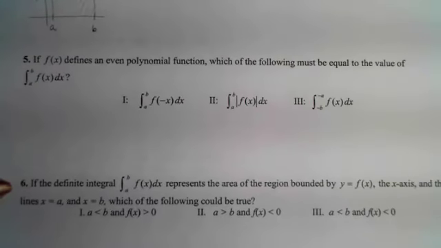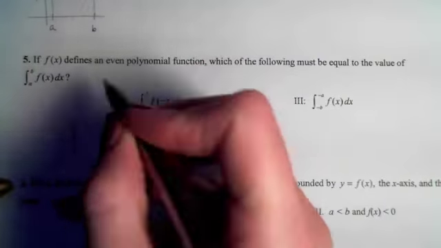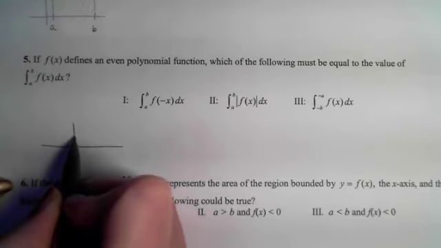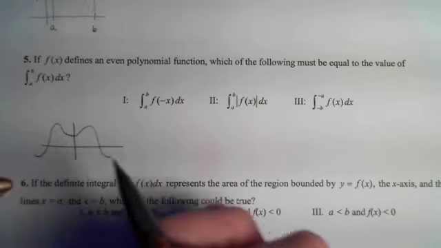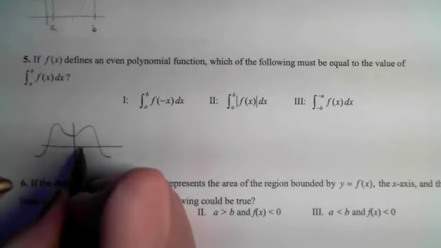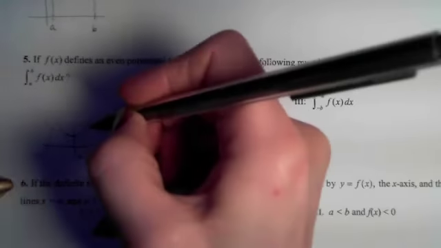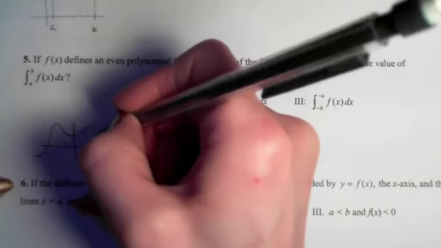If we look at number 5, it says f is an even polynomial this time, and we want to know which is equal to the accumulation from a to b. So if I have an even function, that means it's symmetric about the y-axis, and I go from a to b, and we look at this accumulation here.